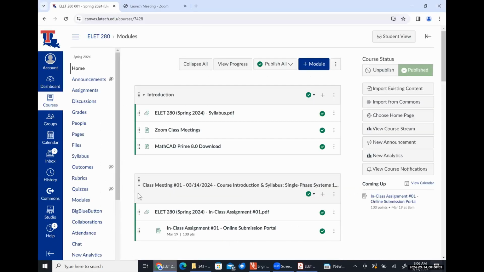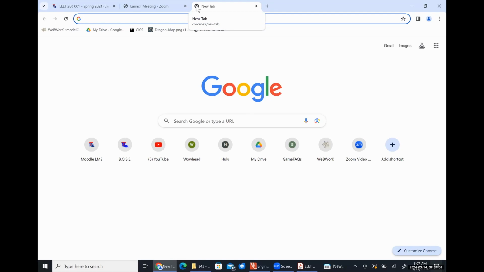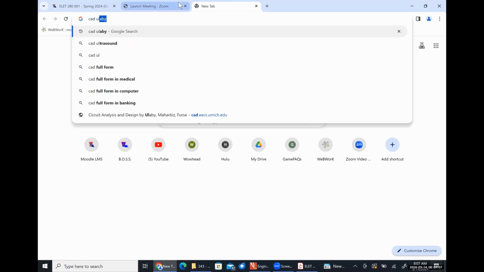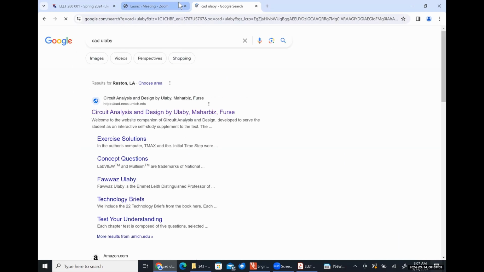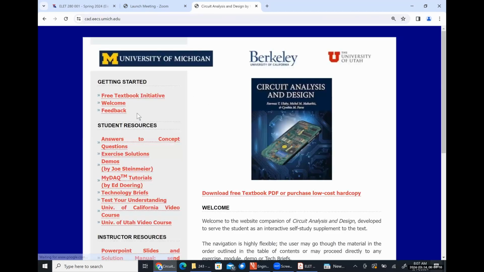For the majority of the class where we're doing circuit analysis and all of that kind of good stuff, if you just desperately need a textbook, you can go to Google and search CAD space ULABY, and the first link here brings you to a textbook called Circuit Analysis and Design by Fawad Ulaby and a couple of other folks. This textbook is absolutely free.